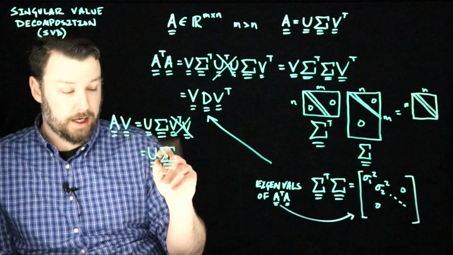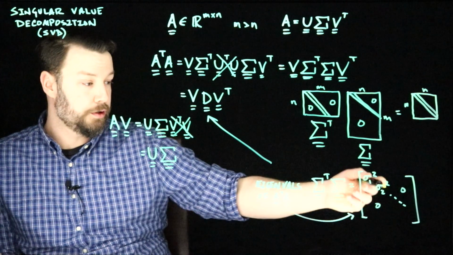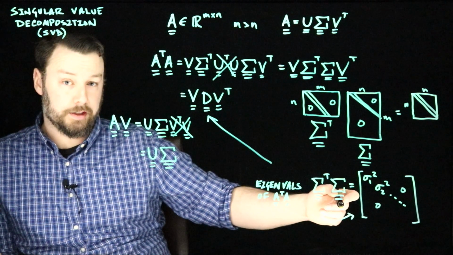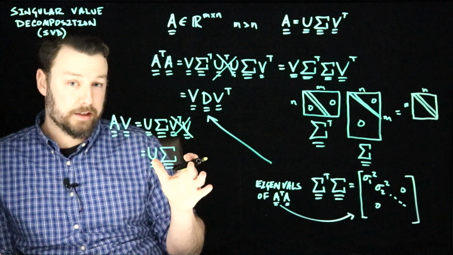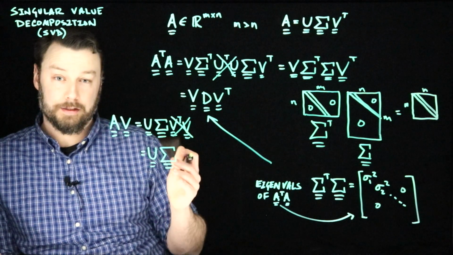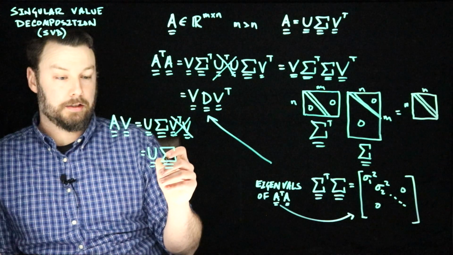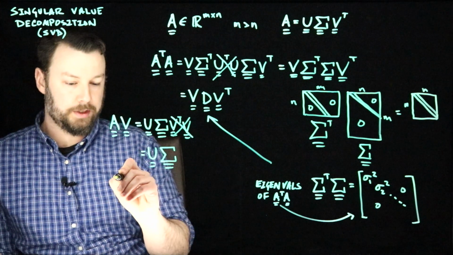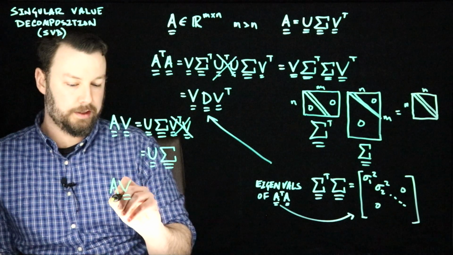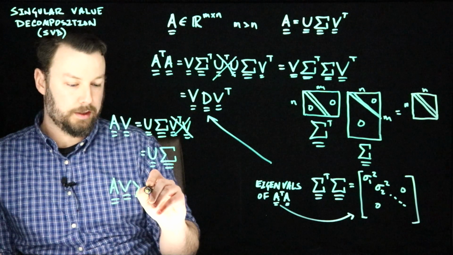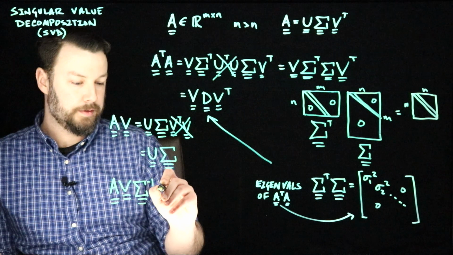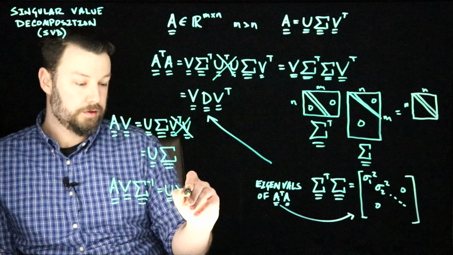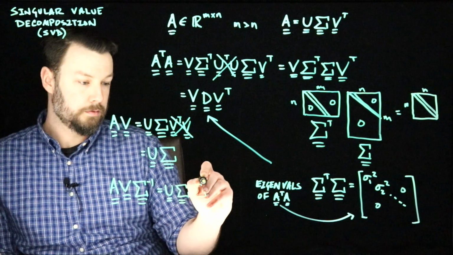We also have sigma because we've just computed it via the eigenvalue decomposition. And it's a diagonal matrix, so we can easily compute its inverse. So we multiply on the right by sigma inverse. So we now do AV multiplied by sigma inverse, and that gives us U sigma sigma inverse.